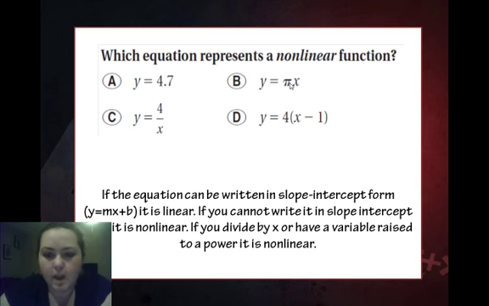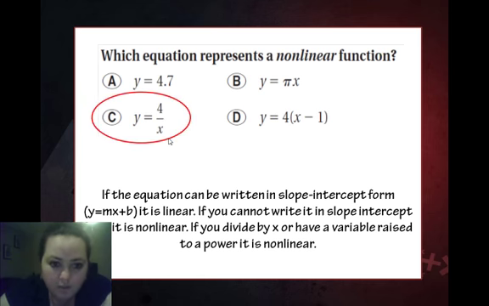In this case, if m is pi and b is 0, it could be written in y equals mx plus b form. This one, I'm dividing by a variable, so that should be a giveaway that it's nonlinear. And this one, if I distributed, I would have y equals 4x minus 4, or plus negative 4, which is in slope-intercept form.